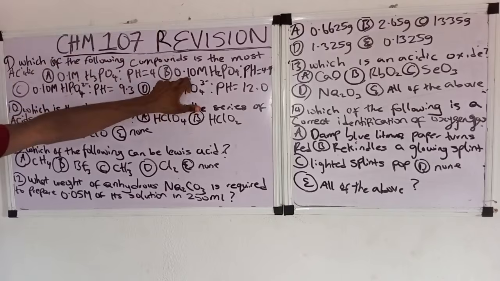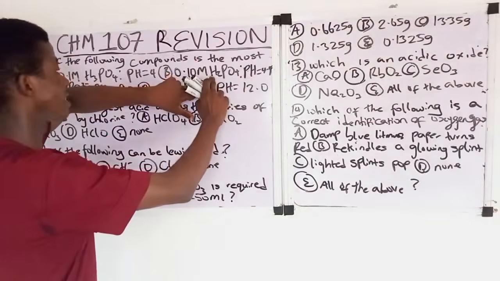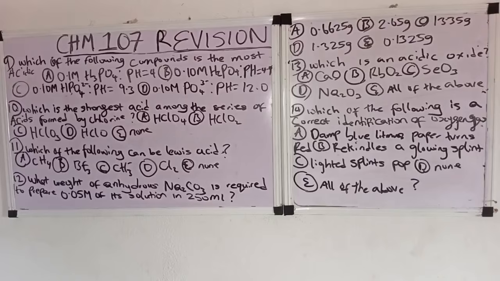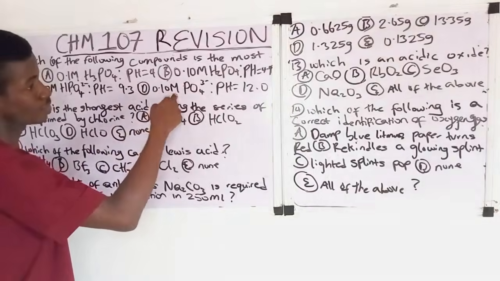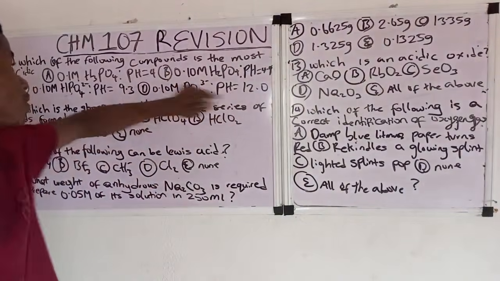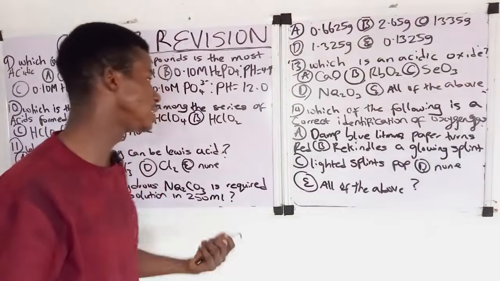Then B, 0.1 molar solution of this acid. The pH is 4.4. Then C, 0.10 molar solution of this substance, the pH is 9.3. Then D, 0.10 molar solution of this ion, the pH is 12.